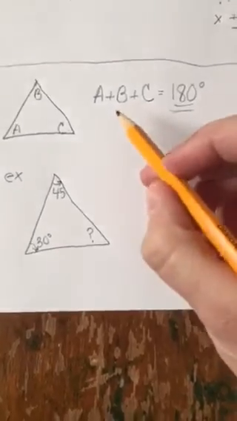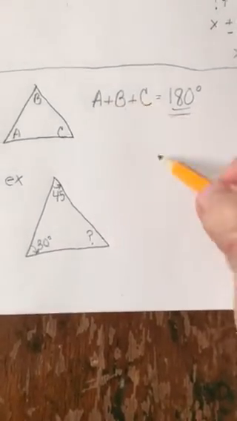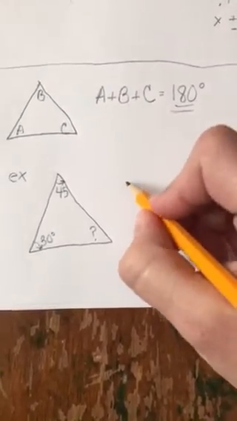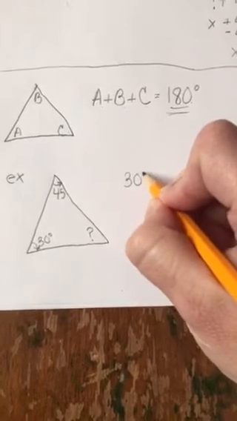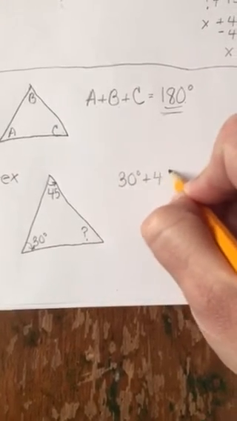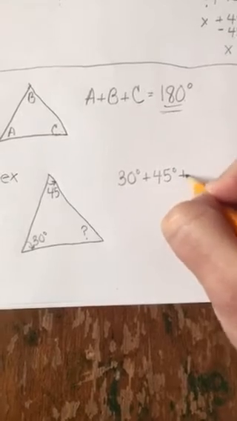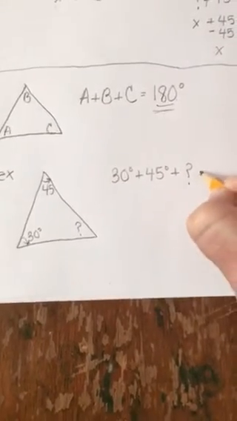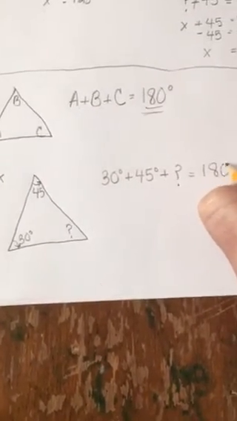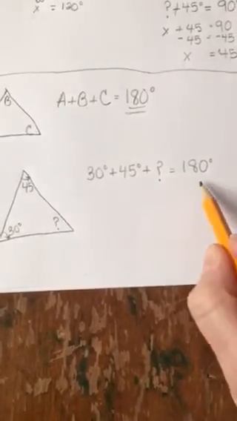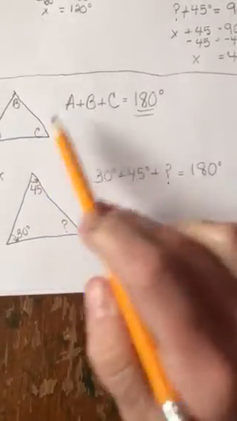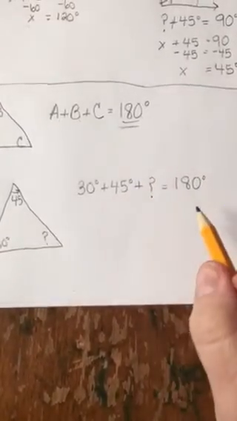So we know that the three angles of a triangle equal 180 degrees. So I'm going to take 30 degrees plus 45 degrees plus question mark will equal 180 degrees, because 180 degrees is my triangle, all three angles. But I don't know what that third angle is, so that's what we're going to find out.